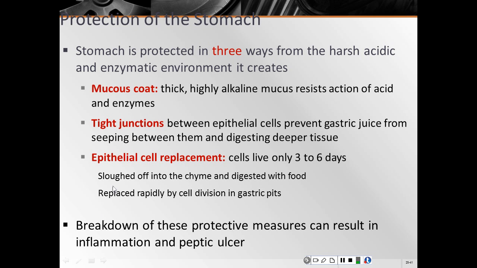The epithelial cell replacement: the stomach's epithelial cells live only 3 to 6 days and are then sloughed off, meaning they're shed off. They are rapidly replaced by cell division in those gastric pits. Breakdown of the protective measures can result in inflammation and peptic ulcers.